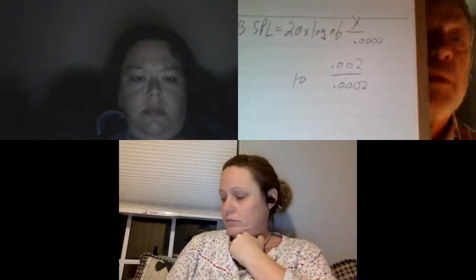What's the logarithm of 10? How many times does 10 have to be multiplied by itself to equal 10? Once. 10 times 1 is 10. And now you do 20 times that logarithm. The logarithm of 10 is 1, and 20 times 1 is 20. So 0.002 dynes per centimeter squared equals 20 dB SPL.